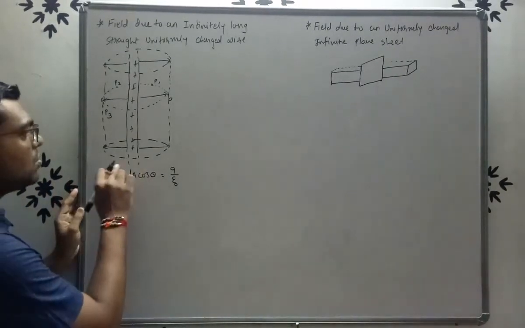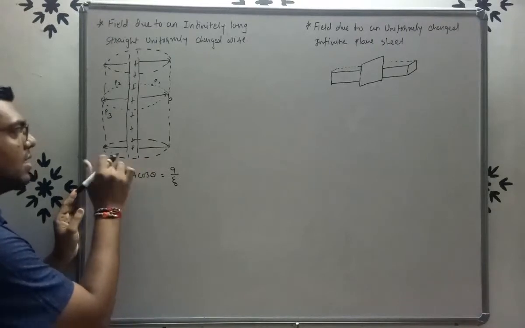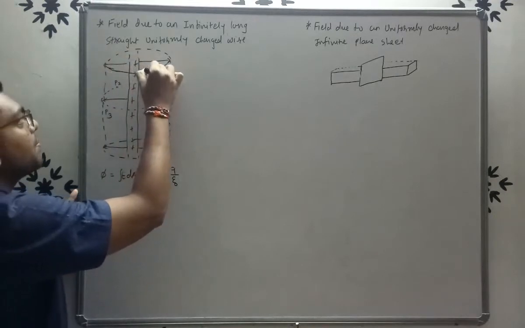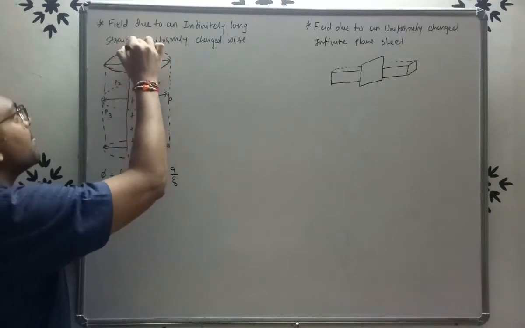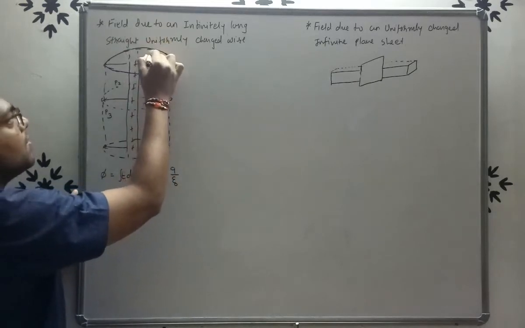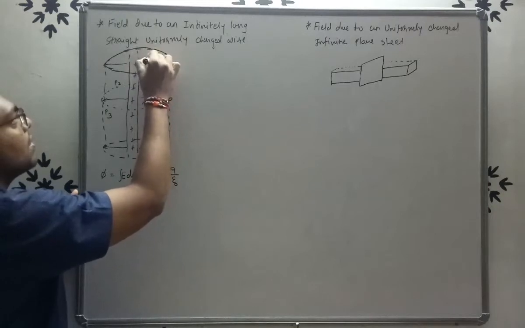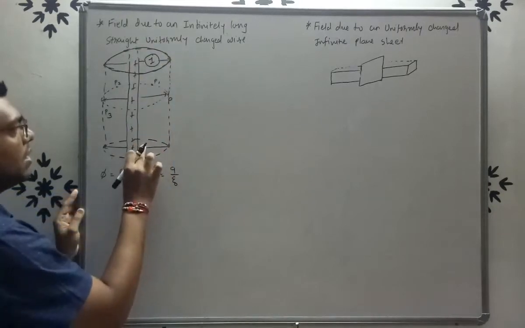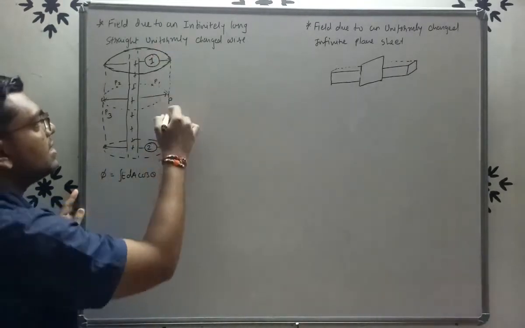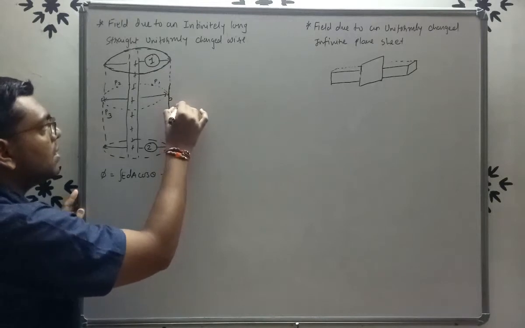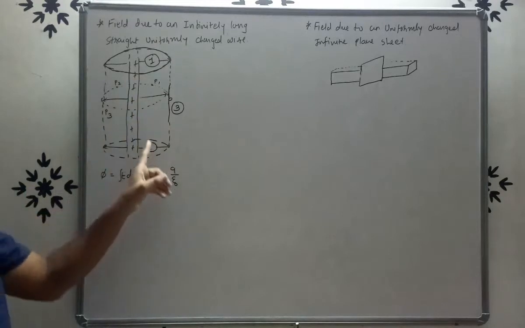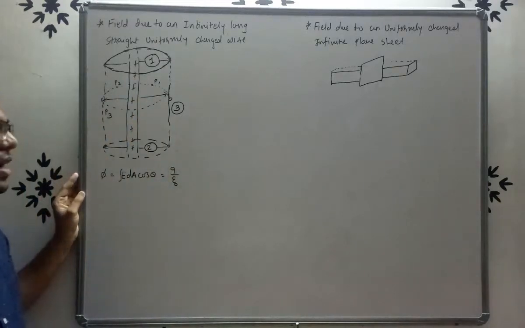Now see here friends, these are the end surfaces. This is the first surface, this is the second surface, and this is the third surface. So there are three fluxes, phi 1, phi 2 and phi 3, right?